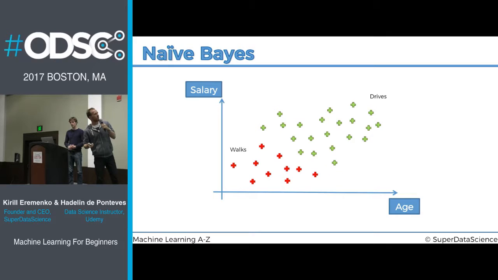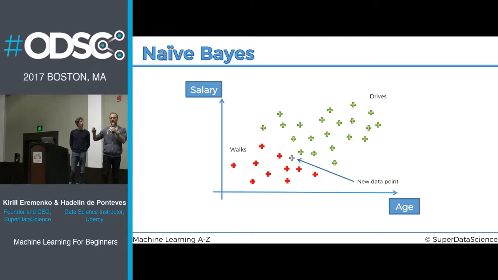Anyway, then you add a new data point into this data set. So a new person enters the company or whatever, you know their age and their salary, and the goal of the algorithm is to classify whether they walk to work or drive to work without actually knowing what the real case is in their life.